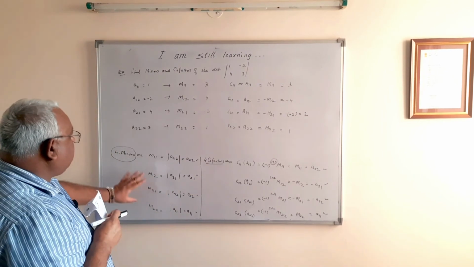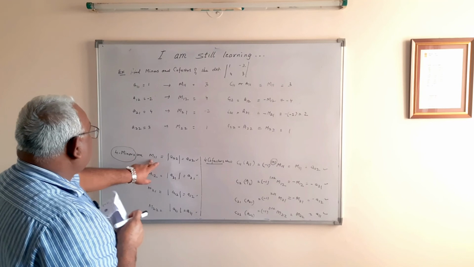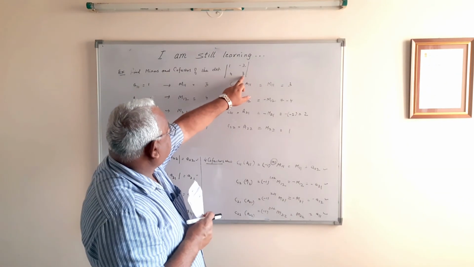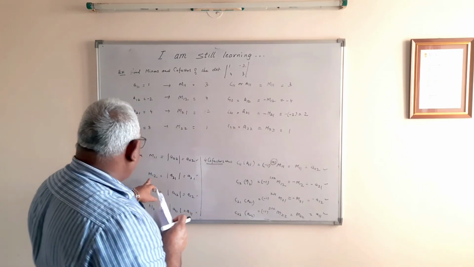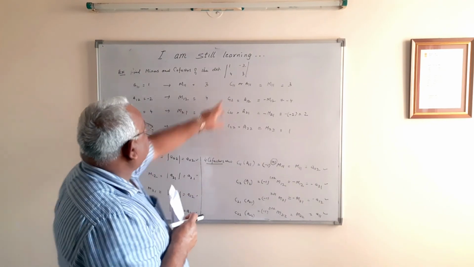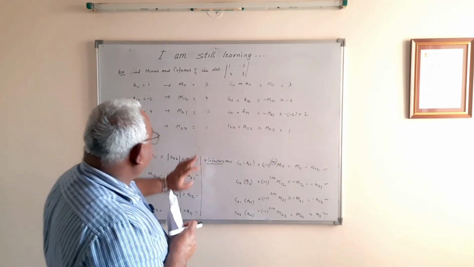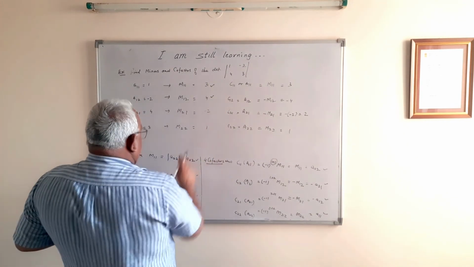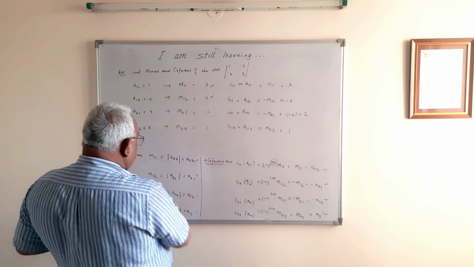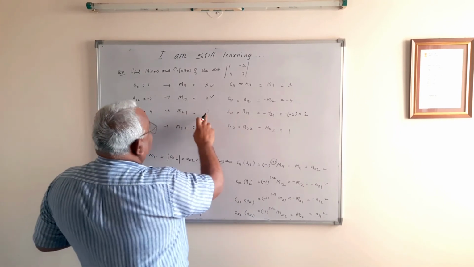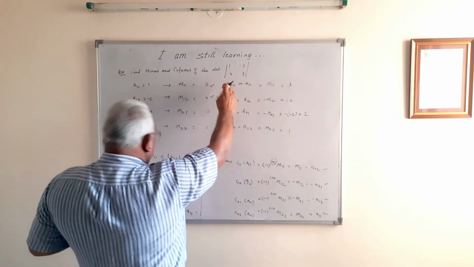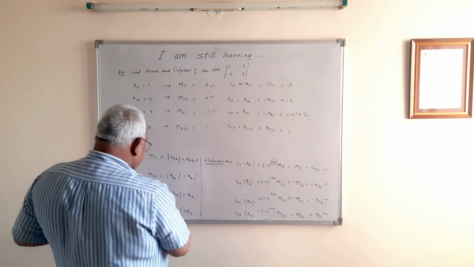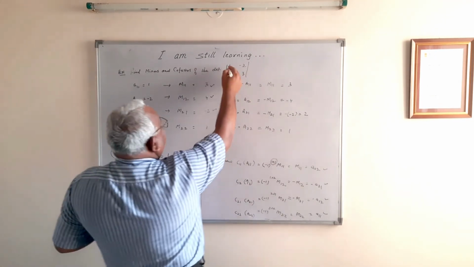Let me just verify quickly. M11 is A22, 3. M12 is A21, and A21 is 4. Fine. M21 is A12, and A12 is -2. So this is correct. Then M22 is A11, which is 1.